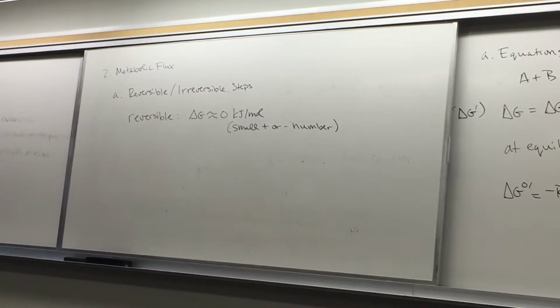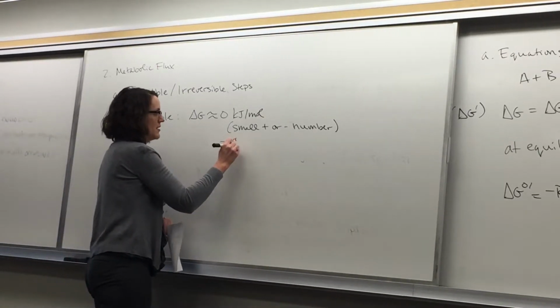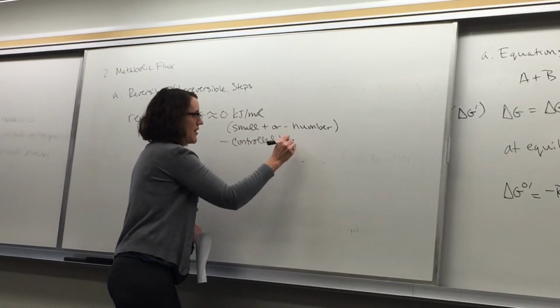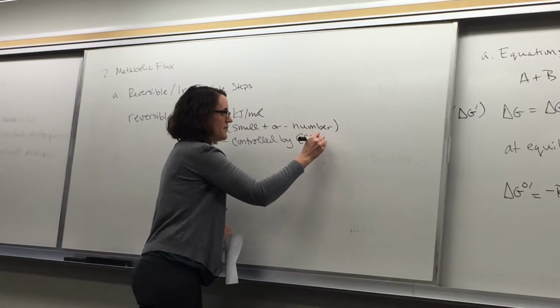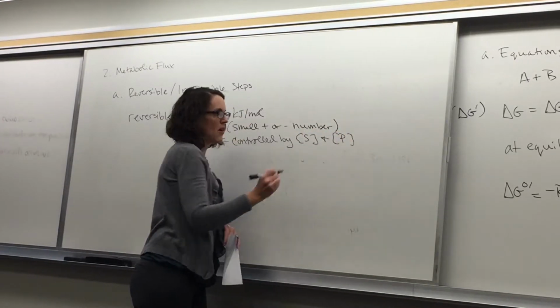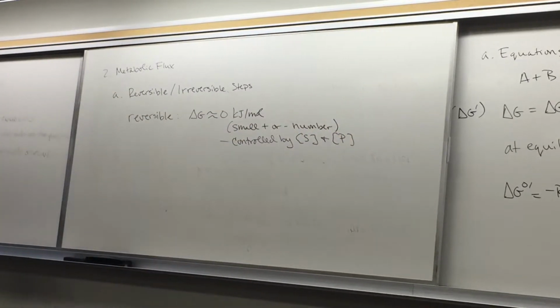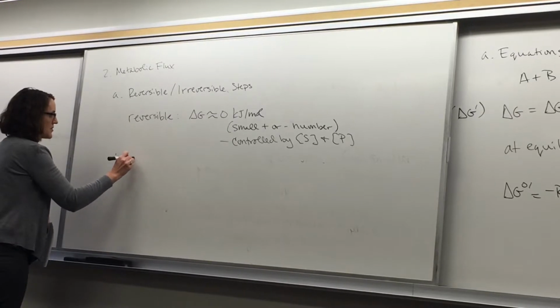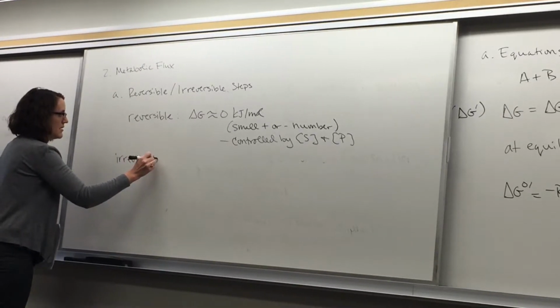Okay, if we increase the concentrations of products, we're going to force it to go back towards reactants. If we do the opposite, we're going to force it towards products. So controlled by the concentrations of substrate and product. So if we alter those, we can alter the direction of that reaction. Irreversible is very different.